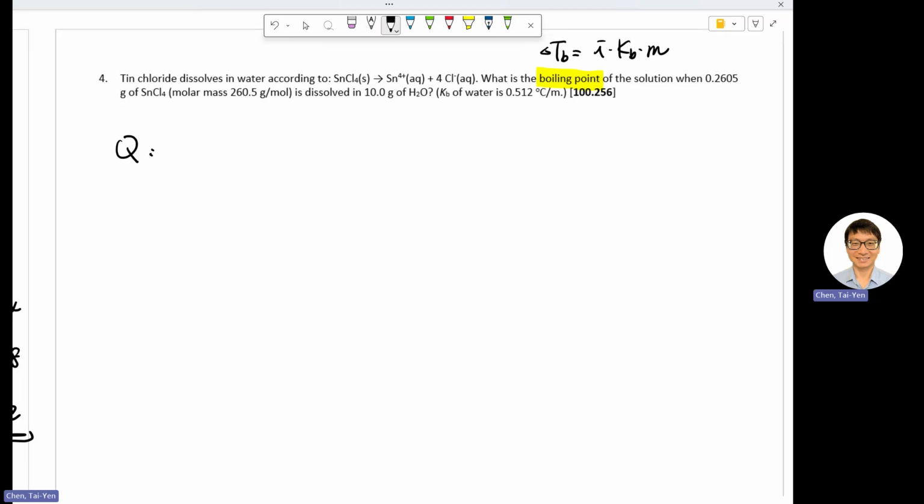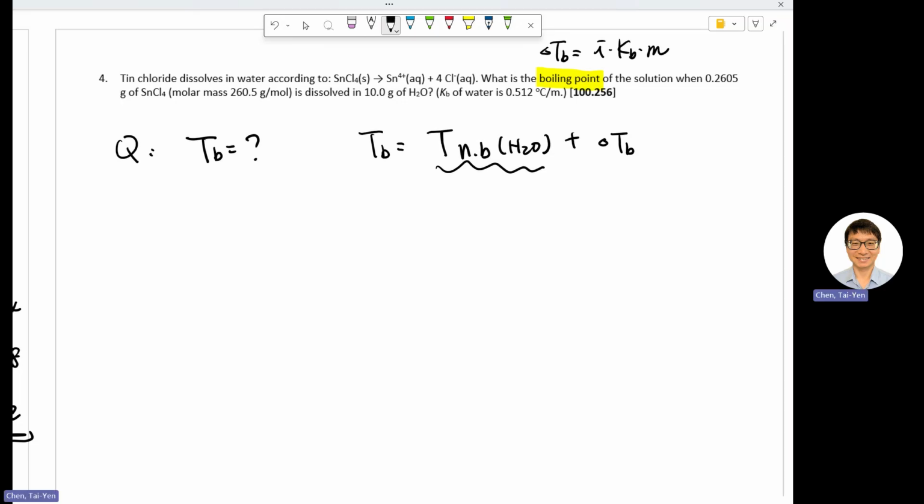Then start to define your Q. What's your Q? The final boiling point, right? The final boiling point of the solution is the thing that you want to solve. You should also know that this Tb will equal the normal boiling point of your solvent, in this case H2O, plus your delta Tb.